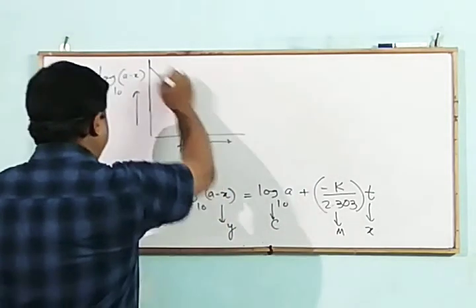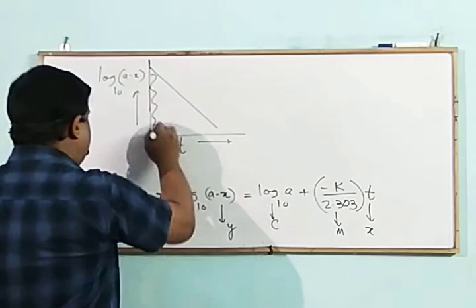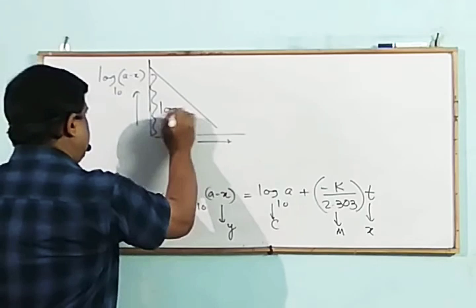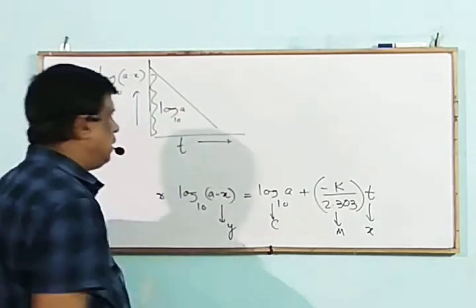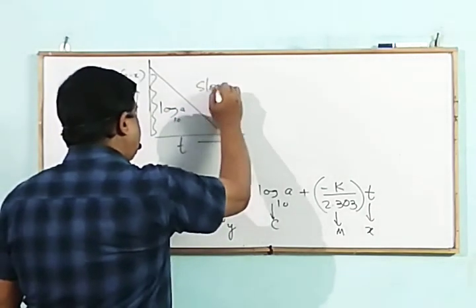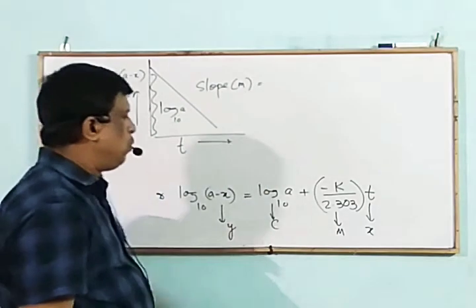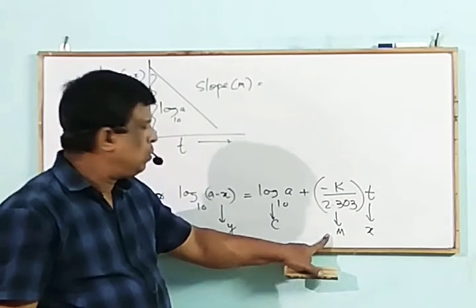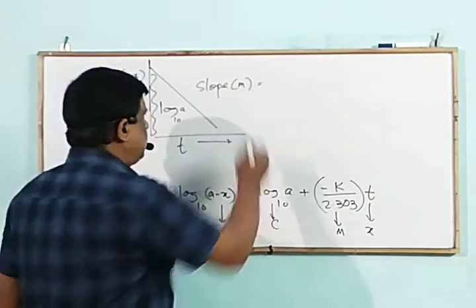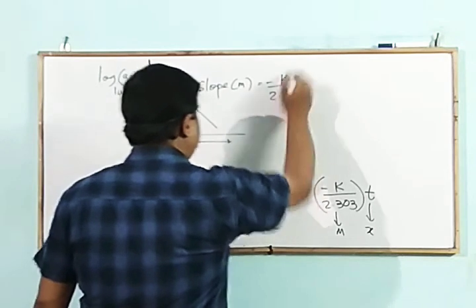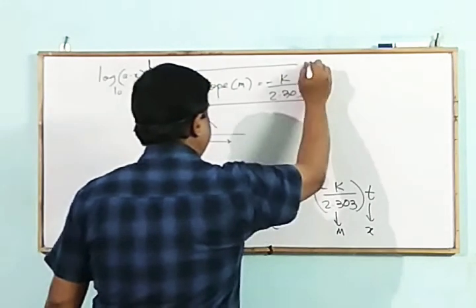Then the graph is like this one. This one is known as the y-intercept. What is the y-intercept? That is log a. Then what is the slope? Slope is m. m is equal to minus k by 2.303. Mark that.